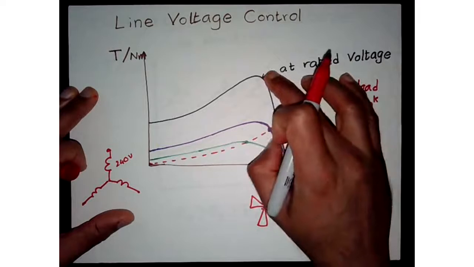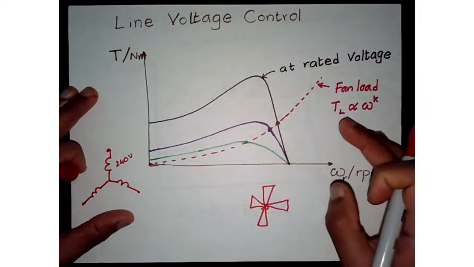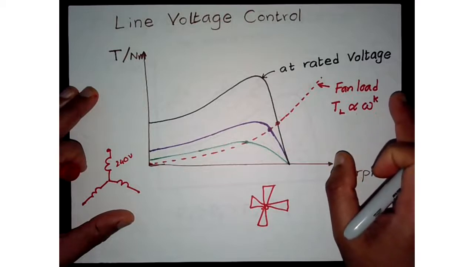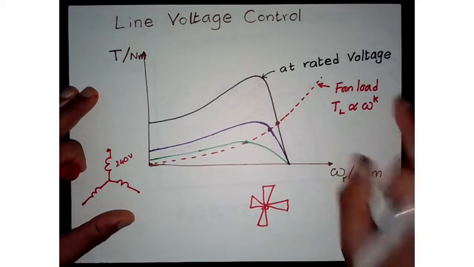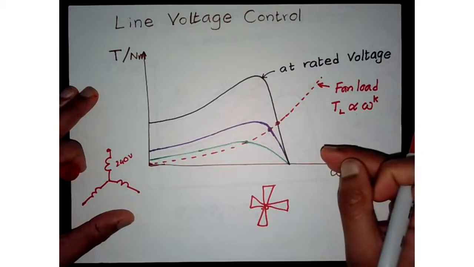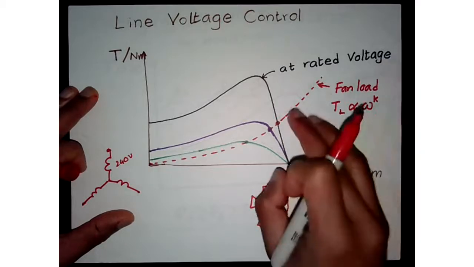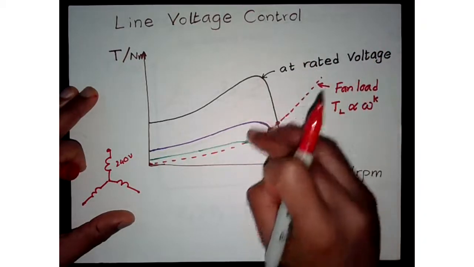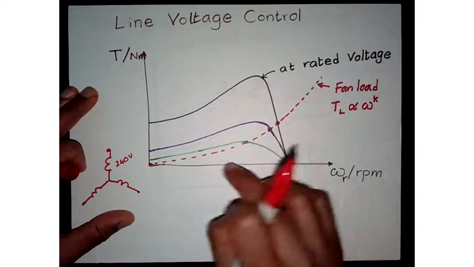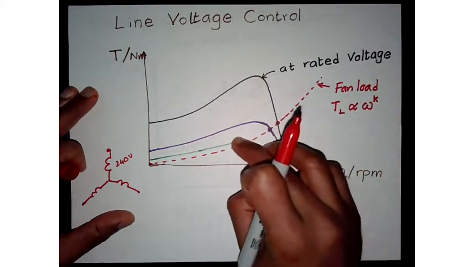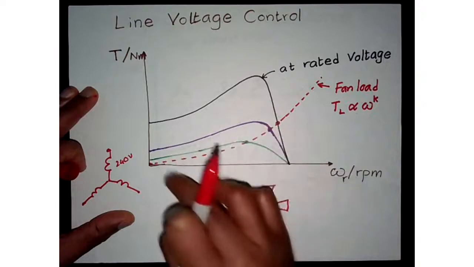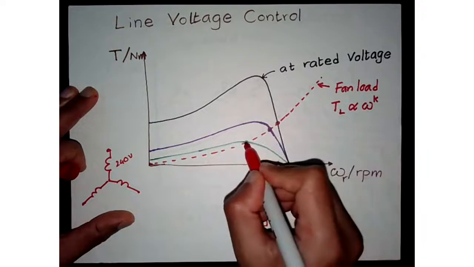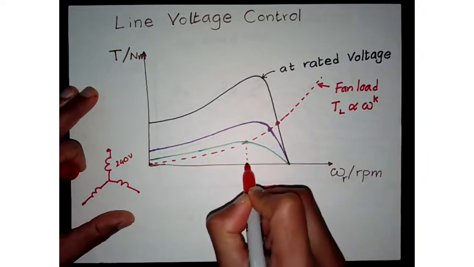Now, by controlling voltage, let's say you want to provide less volume of air from that fan. Then you can decrease the voltage. When you decrease the voltage, the torque speed curve will shrink down to this level, and the new intersection point of the load curve and the motor curve is somewhere around there.